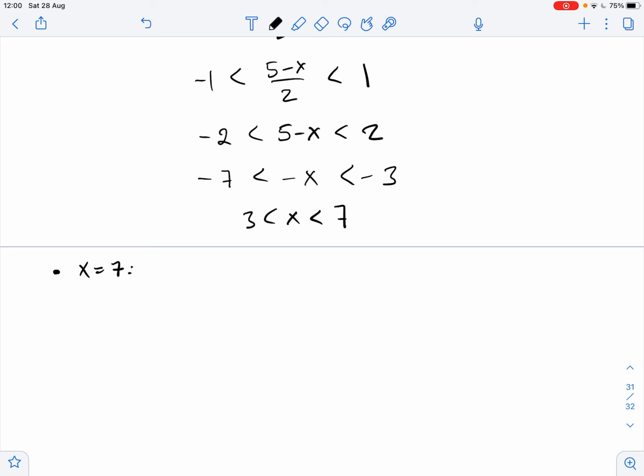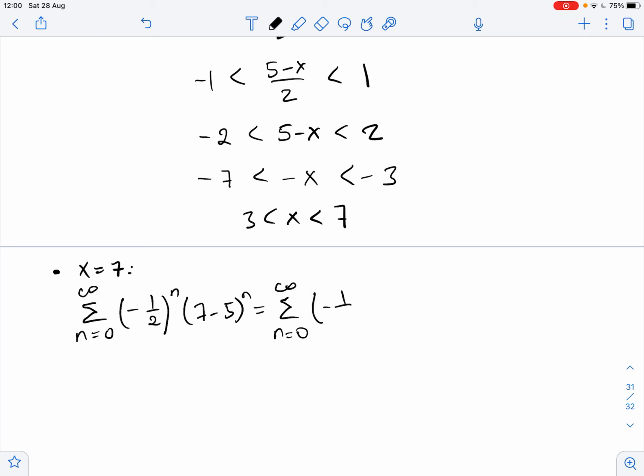So at x equals 7, we get that the series becomes the sum from n equals 0 to infinity of negative 1 over 2 to the power of n times 7 minus 5 to the power of n.